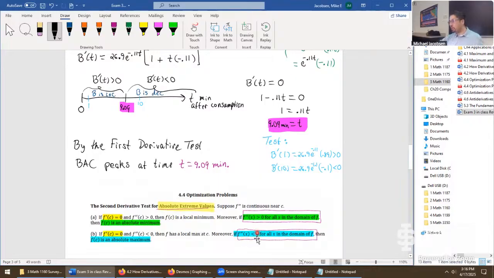We don't even plug in the critical number on this one. You do it over here, but that's for local maxes, local minimums. What we need to do is differentiate this again and then show that no matter what value of x you put in there, the second derivative is always negative. That's the part right there that makes this really tough.